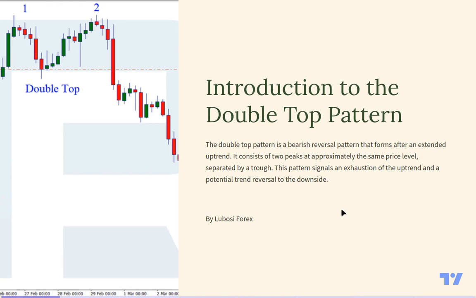This pattern signals an exhaustion of the uptrend and a potential trend reversal to the downside. At the end of this video, I'm going to show you an example of a double top pattern which has reversed and is ready to go up. So stay tuned until the end of this video and I'll show you an example of the double top pattern reversal.